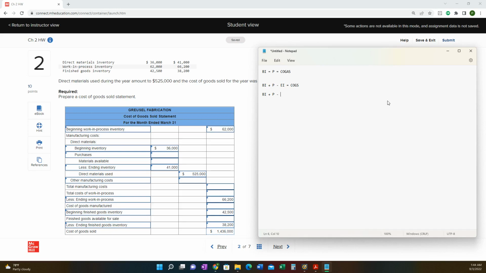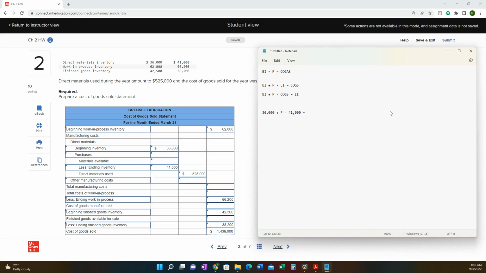So let's start working on the direct material section of the statement. We have beginning inventory of $36,000. We don't know what purchases are, but we do know ending inventory is $41,000, and so our direct materials used is $525,000.